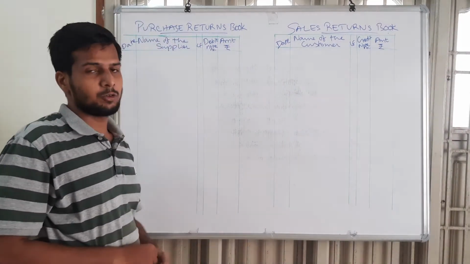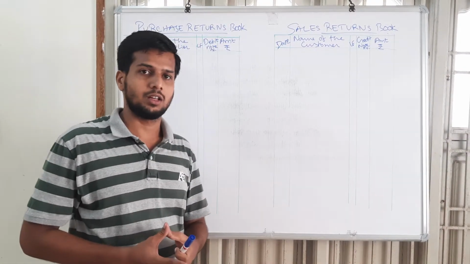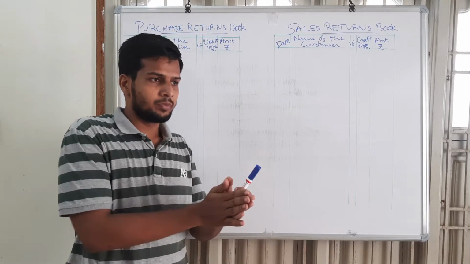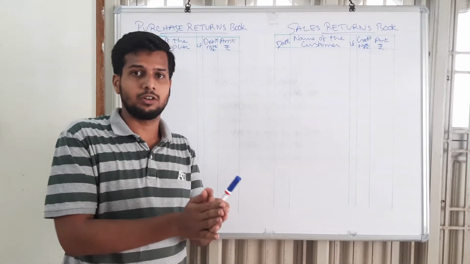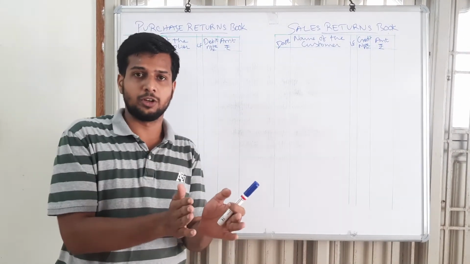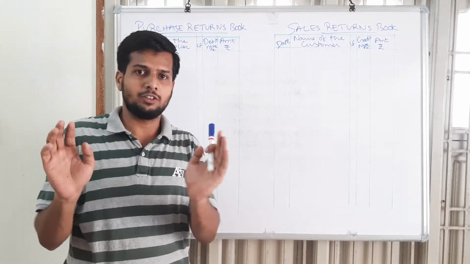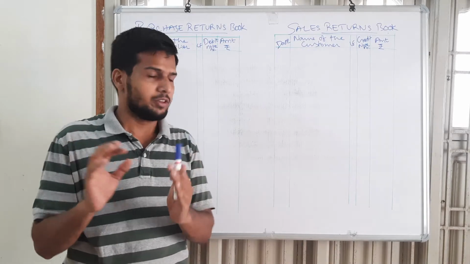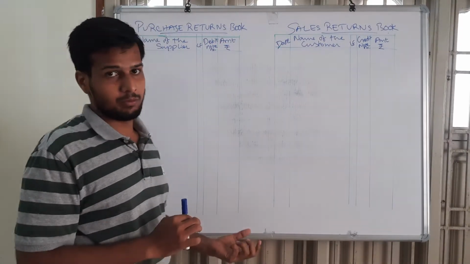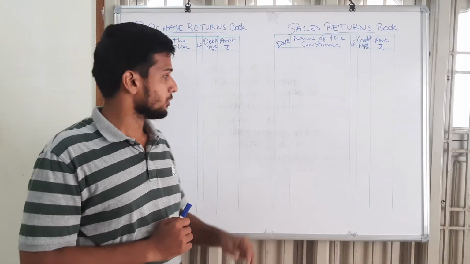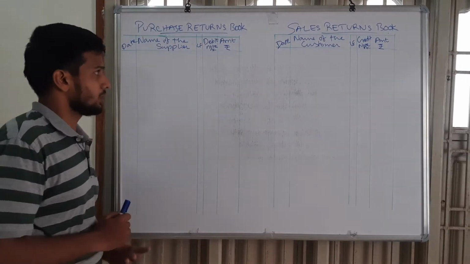In case the question gives details, for example, 20 units multiplied by rupees 20 each, we can add the details column in between the debit note number and amount column. This is the thing we should know.